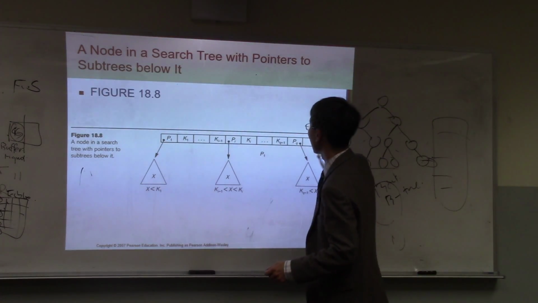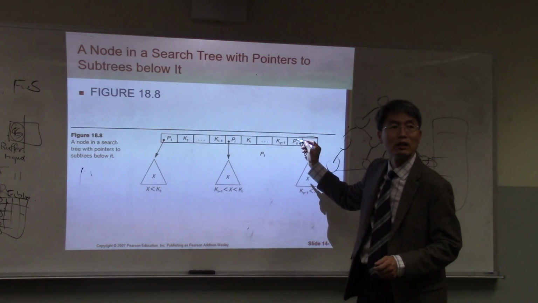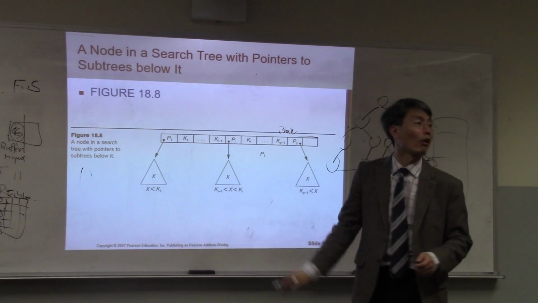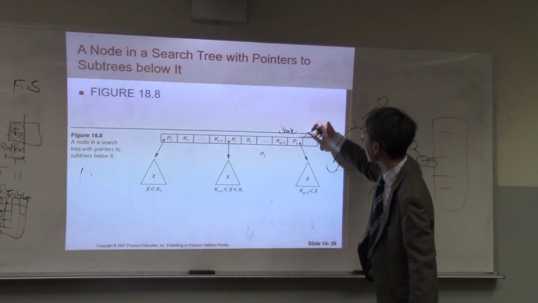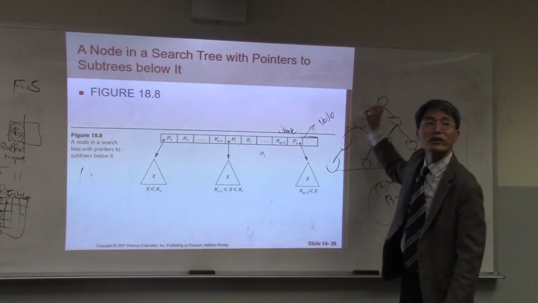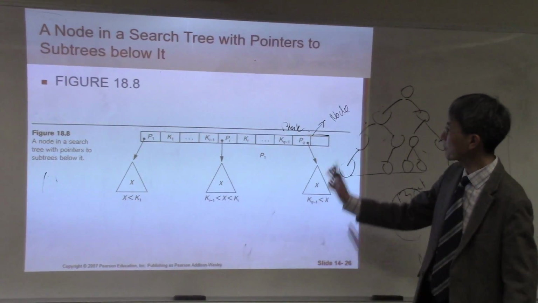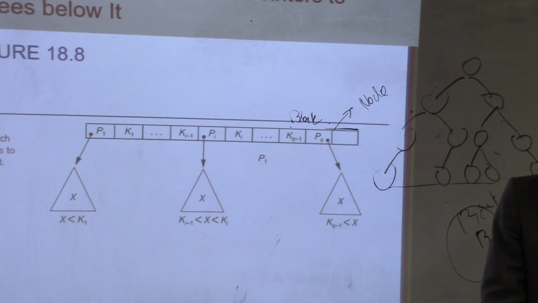What is this one? The rectangular box. This is a block. So one block, an index block. This one is called a node in tree structure. Sometimes I say node for a block in an indexing structure.